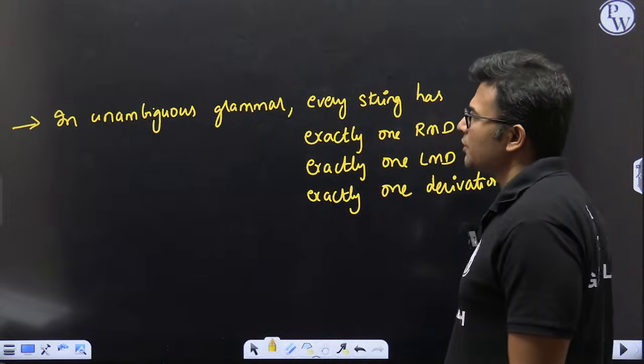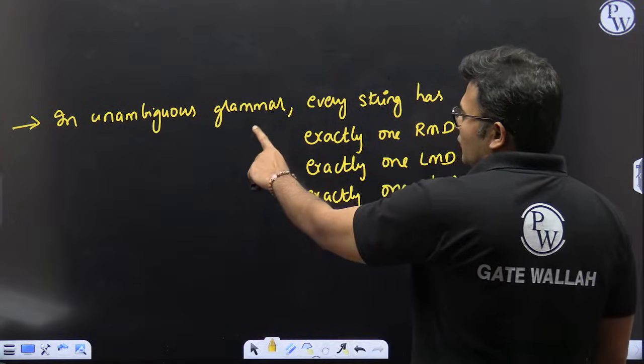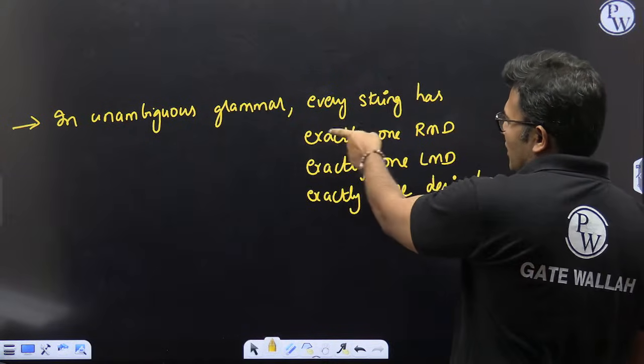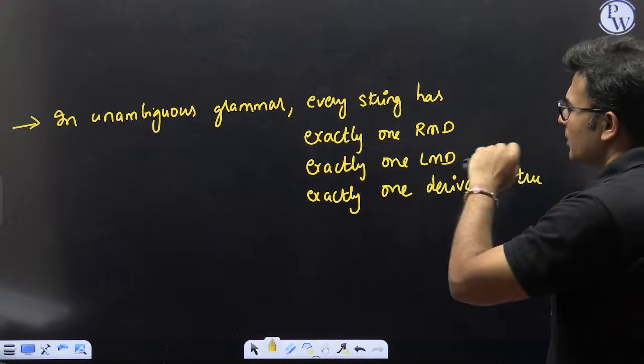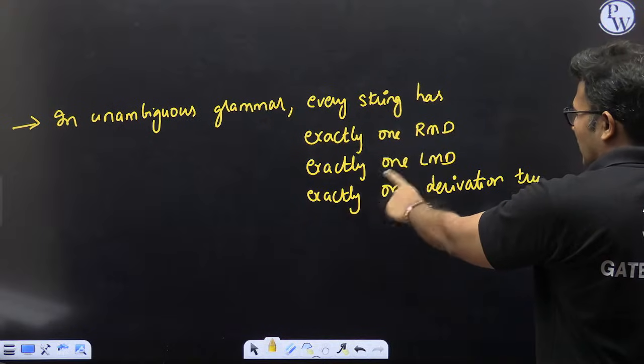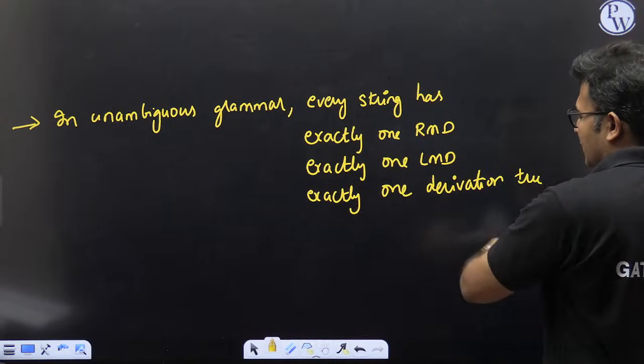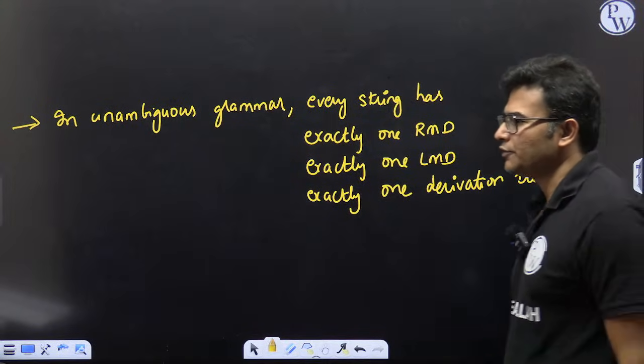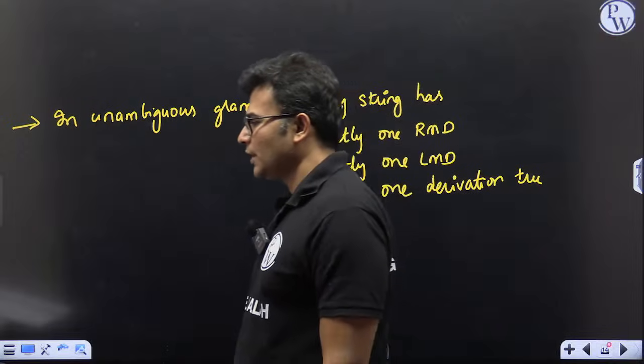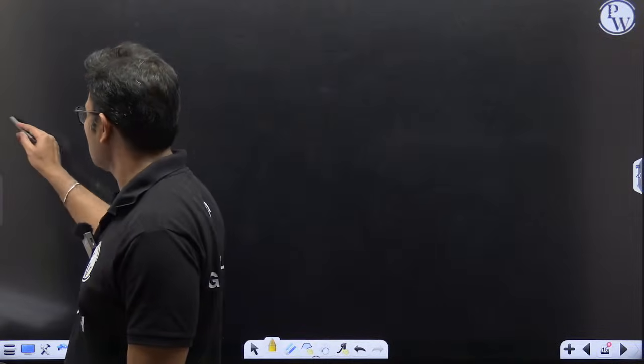So what does this mean? If the grammar is unambiguous, every string that is generated by the grammar has exactly one LMD, exactly one RMD, exactly one derivation tree.